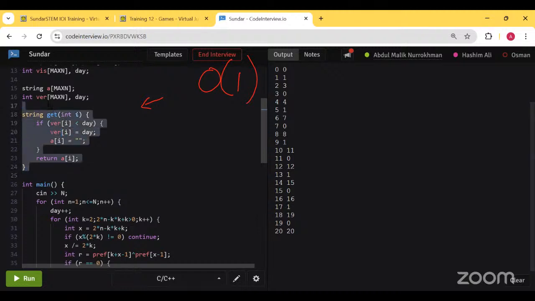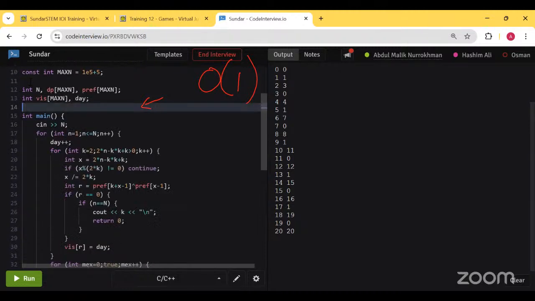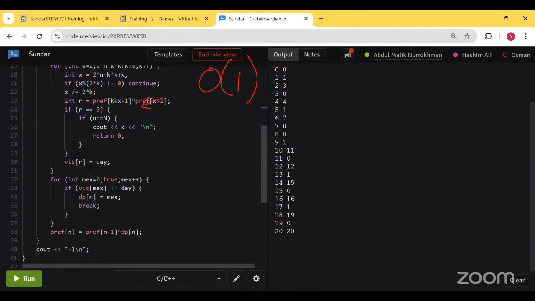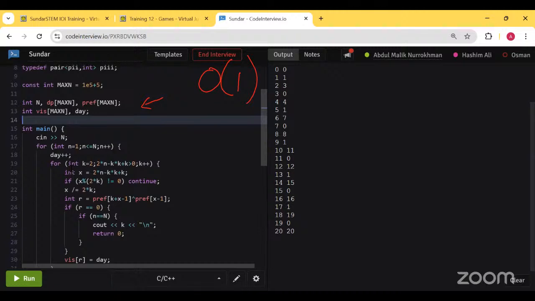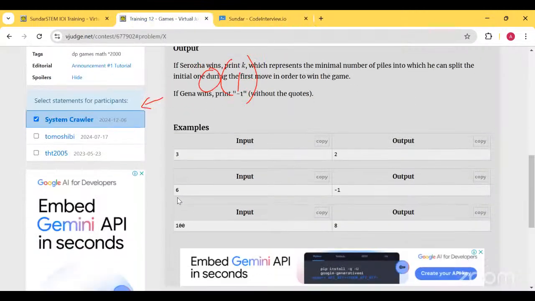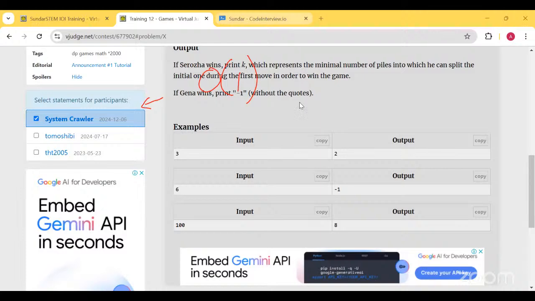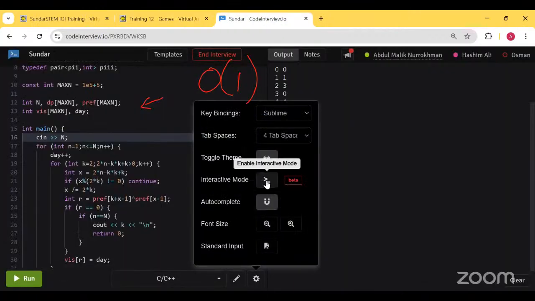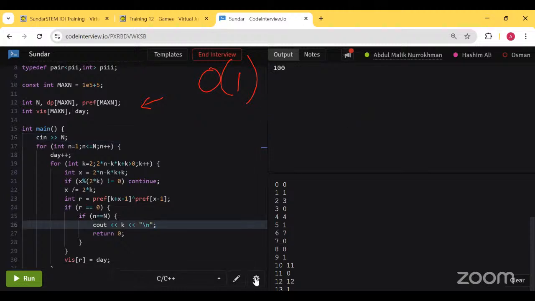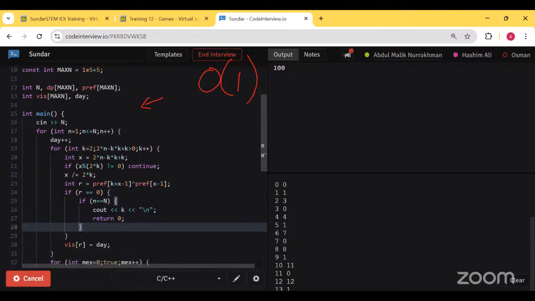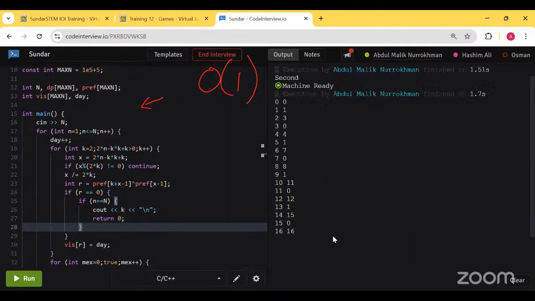Okay. And then the solution is final. Just check for some inputs and let's see, is there any bug?